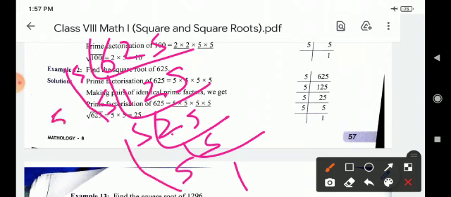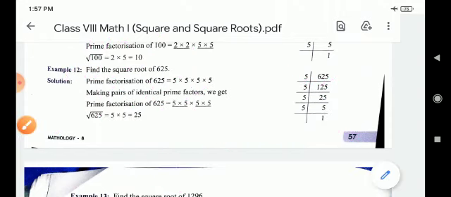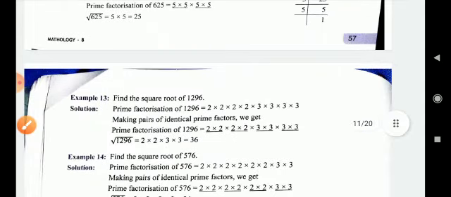The square root of 625 is equal to 5 into 5, that is 25. The square root of 625 is equal to 25.